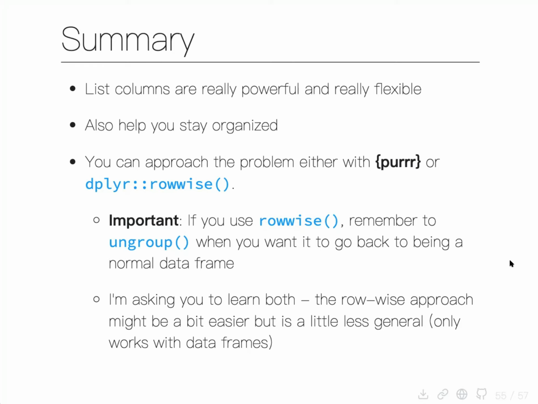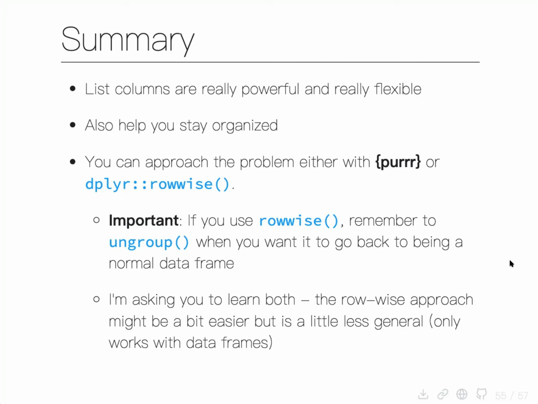You can also use the new dplyr row-wise approach, which will help you avoid actually using the loop, okay? One really important thing that I haven't mentioned about row-wise yet, though, is if you do enter into a row-wise data frame, right? So you pass your data frame to row-wise, you're going to want to make sure that you then pass it to ungroup when you're done, okay?